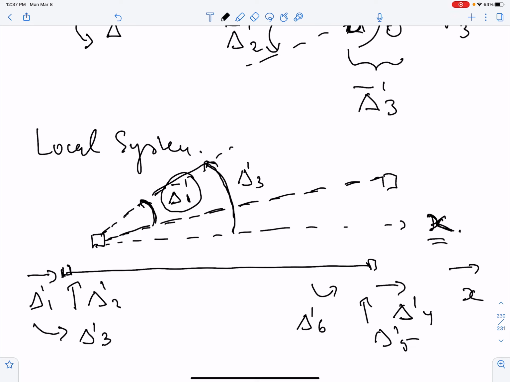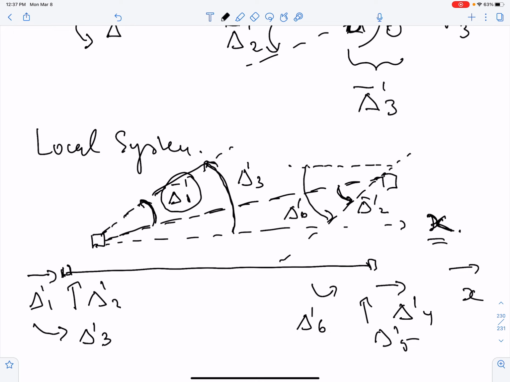The same thing happens with delta 6: supposedly you rotate by this much, you draw the axis that's parallel to x, and this big guy becomes delta prime 6. And this little guy will generate moments. So the key is that the overbars, delta 1 and 2, will generate the moments. The part of the rotation that generates a moment is the part that's relative to the displaced configuration, and everything else is eaten up by the rigid body motions.